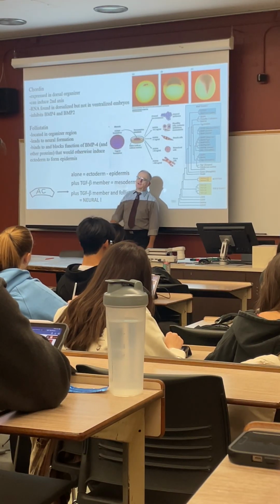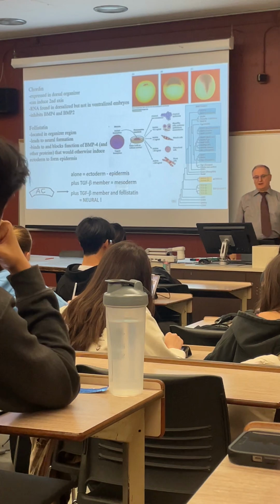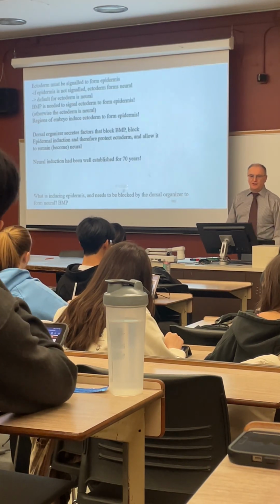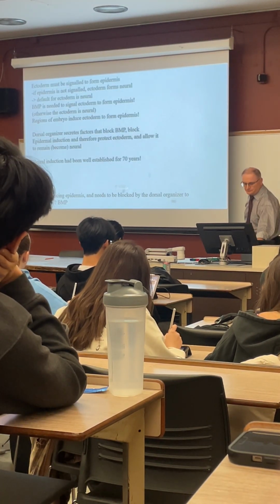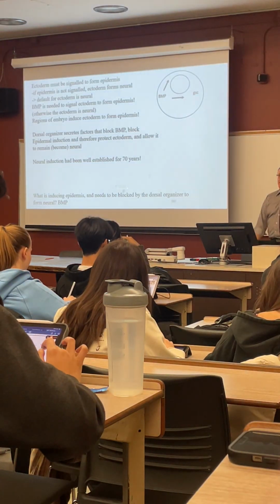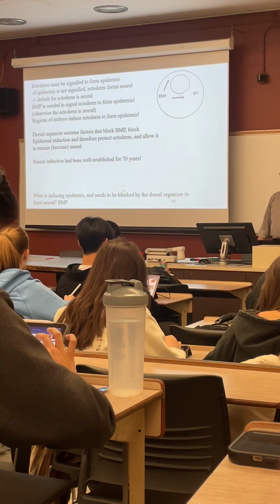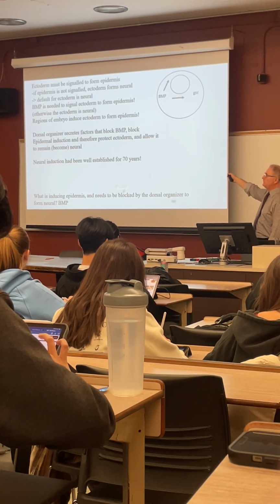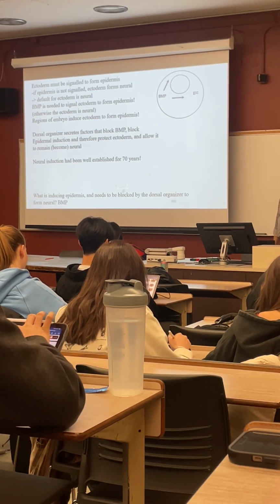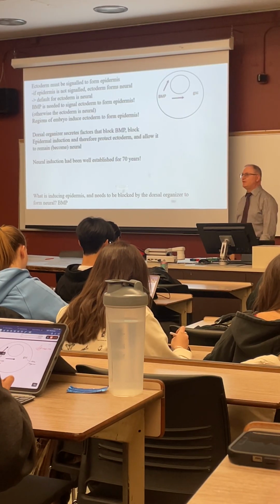On the ventral side it's not quite a ventral organizer, but there are high levels of BMP. So just before gastrulation starts, on one side you have the organizer, and on the other side you have BMP. BMP is inducing epidermis and inducing ventral. It's trying to make things ventral, and it's trying to make things epidermal.